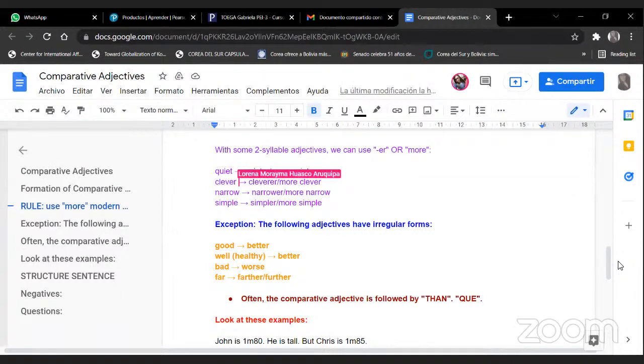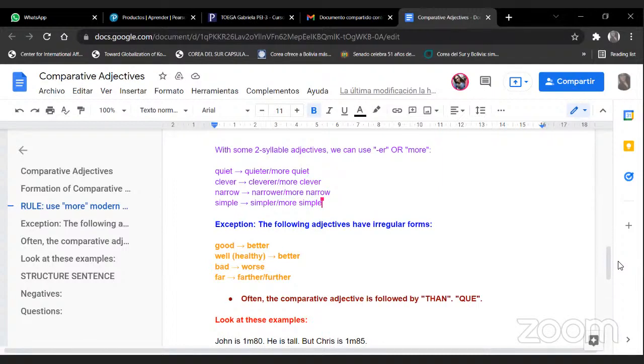We could use them in both ways, for example with ER and with more: quieter or more quiet. It's going to be the same. Cleverer, more clever. Narrower, more narrow. Simpler, more simple. Okay, only for these 4 adjectives.